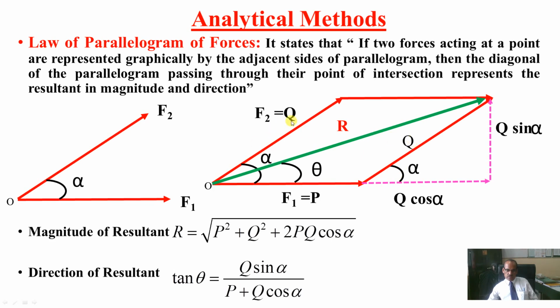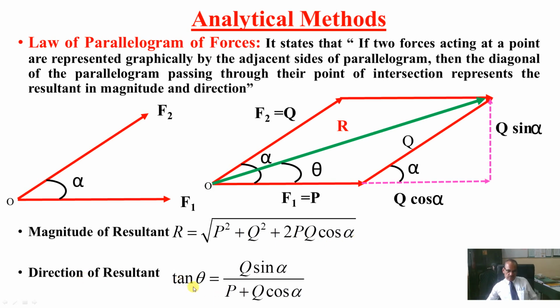This is Q, and that's why this is also Q. If I resolve it, this component comes as Q cos alpha, and this component comes as Q sin alpha, and the magnitude of the resultant will be the square root of P squared plus Q squared plus 2PQ cos alpha, which I know you studied in your 12th.